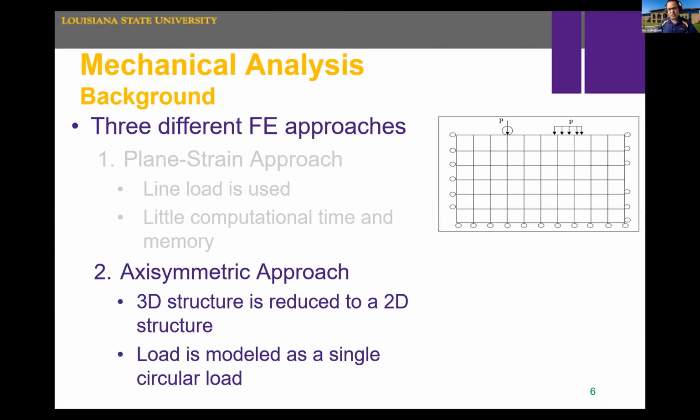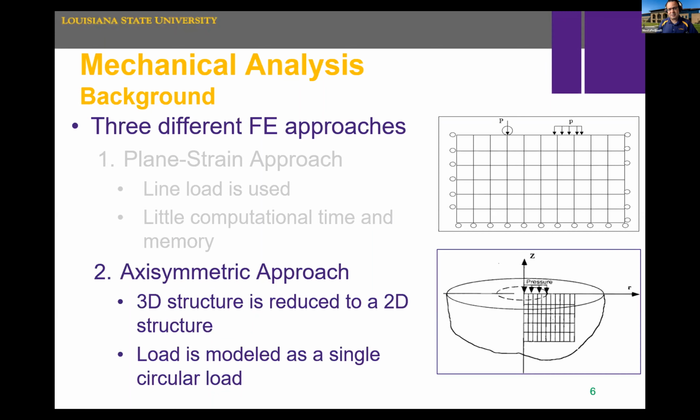The second approach, which is an axisymmetric approach, is basically the middle ground. Even though we don't consider the third dimension, we assume that we are dealing with a 3D structure that is symmetric throughout the rotation line in the middle.